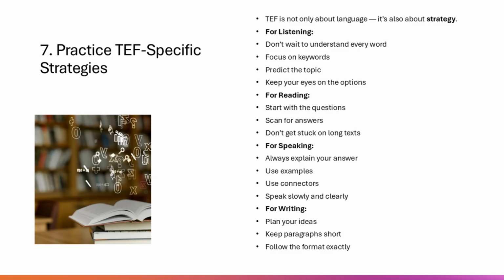And for the writing section, as we spoke about previously as well, plan your ideas, knowing what you're going to write for the specific opinions, and always try to keep your paragraphs short: give your idea, explain it in the second line, and then in the third line give an example related to it.